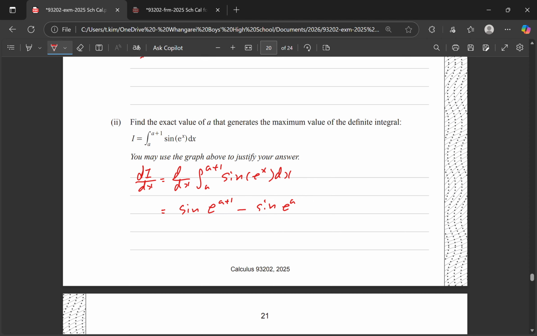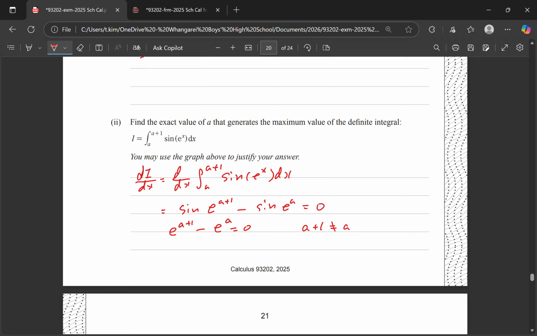Because we differentiate and maximize it, it's got to be 0. So that means sine of e to the power of a plus 1 minus sine of e to the power of a equals 0. Because e to the power of a plus 1 should give the same sine as e to the power of a. However, a plus 1 is not a.